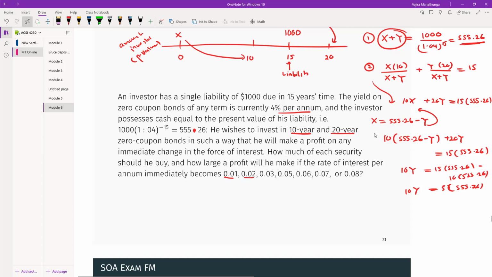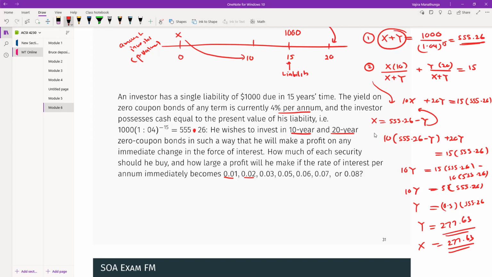So you can solve for y, and y is going to be 0.5 times, so that's going to be what? So 277.63. From there, you can get x. You can see it's actually half of x plus y. X and y are actually the same. Or you can use equation 1 to get x.